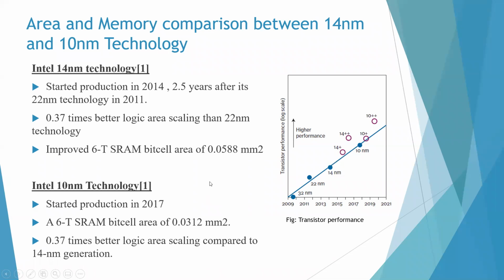So there is a vast improvement in the area of SRAM cells in Intel's 10-nanometer technology compared to its 14-nanometer technology. Also, transistor performance has been increasing on a logarithmic scale with the decrease in technology node.